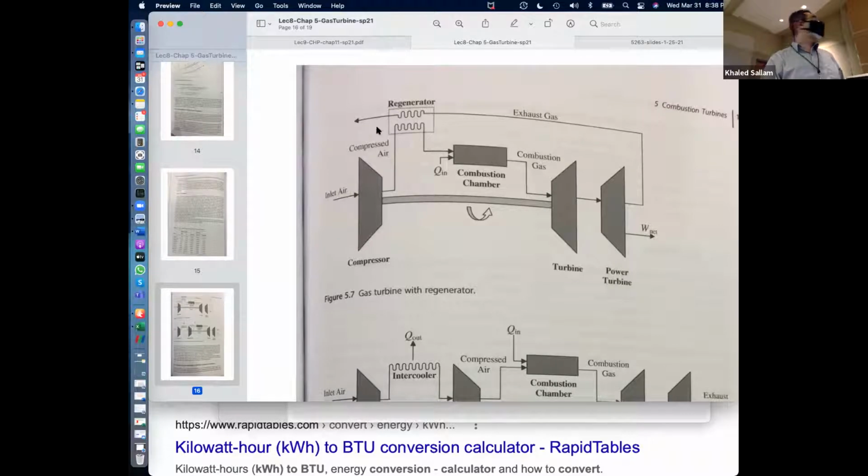So why are we throwing that hot exhaust away and spending money heating our air going into the combustion chamber? Well, let's get some of this heat into the incoming air. But when you do this, that means equipment, that means cost. You have to build that heat exchanger, right? So it's an initial cost, against running cost. Rather than keep burning fuel all over the life, if you already have something like this, that will save you in the long term.